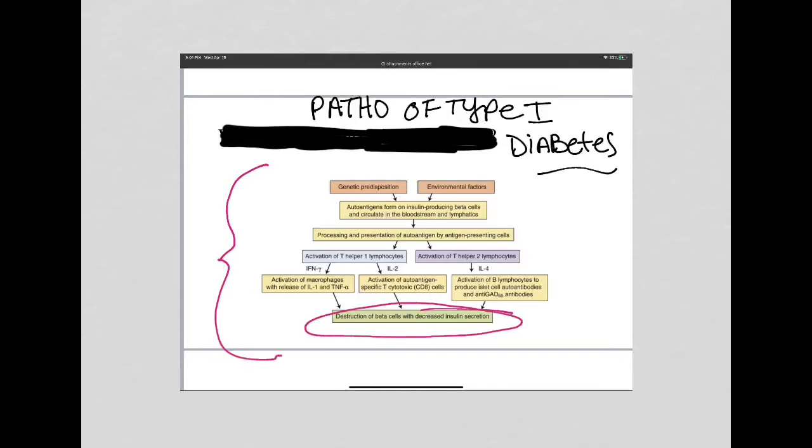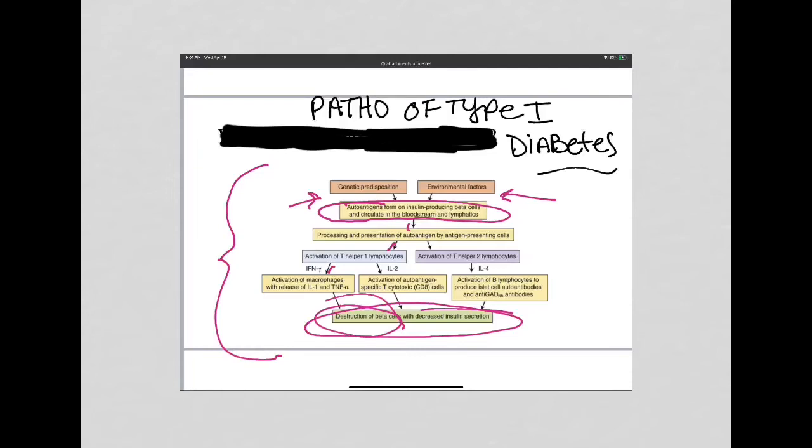So there's really no insulin secretion, and there's a genetic predisposition as well as environmental factors, but it has to do with autoantigens that form on the insulin-producing beta cells, and it goes down this process here of activating helper cells and lymphocytes, and destroys the beta cells that form the insulin and help secrete the insulin.